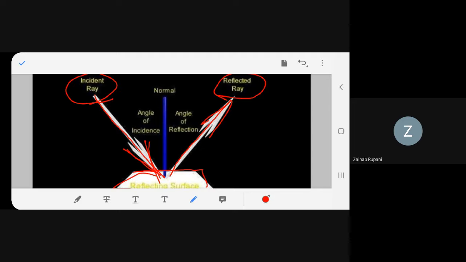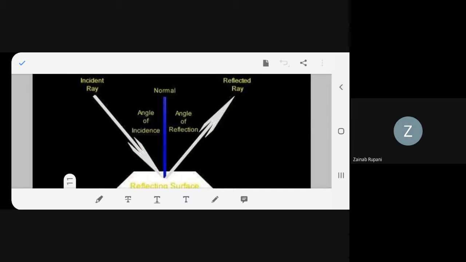Now what I do, I take a normal. The normal line makes 90 degrees to the surface. So I take a normal which makes 90 degrees to the reflecting surface. You agree? So what is happening now?